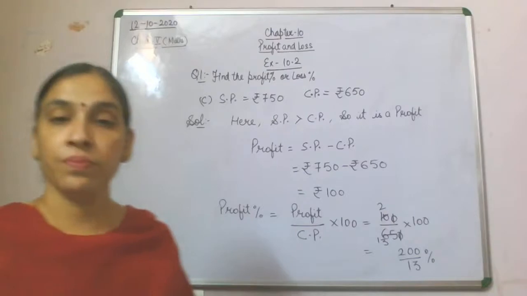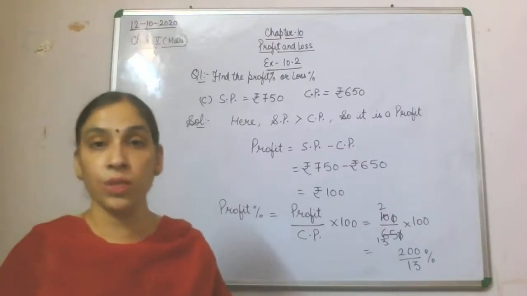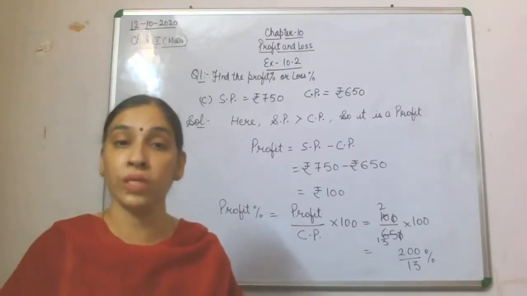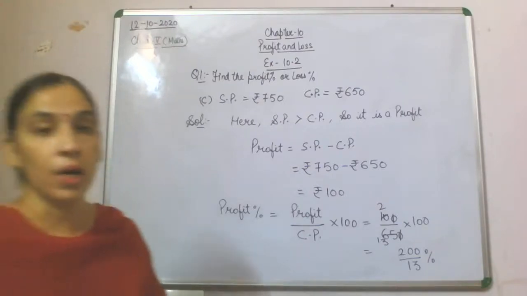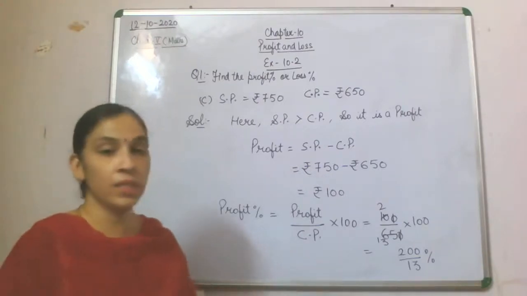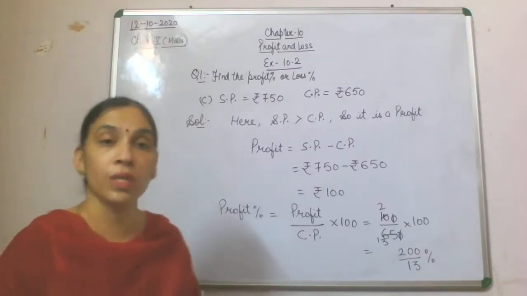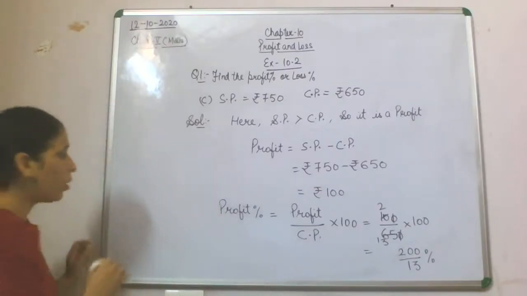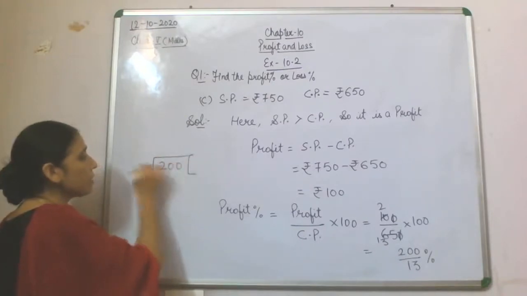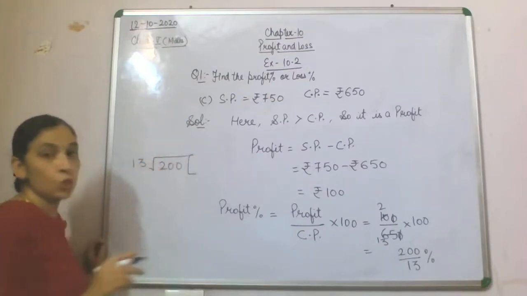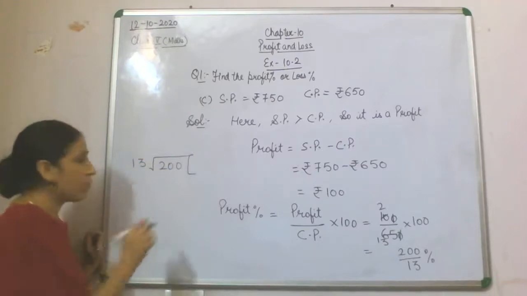So children, D part is also there of question 1, that you are going to do yourself. Now you can write it in this fraction form, or you can write it in mixed fraction form. How will we write it in mixed fraction?